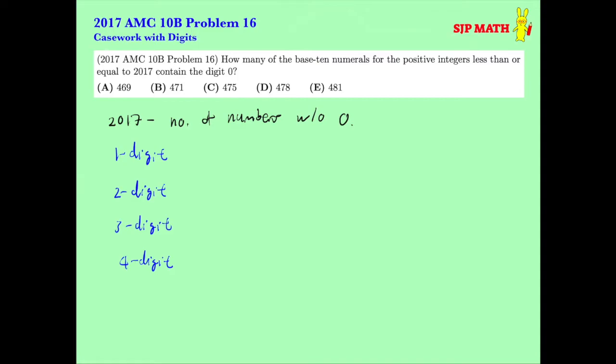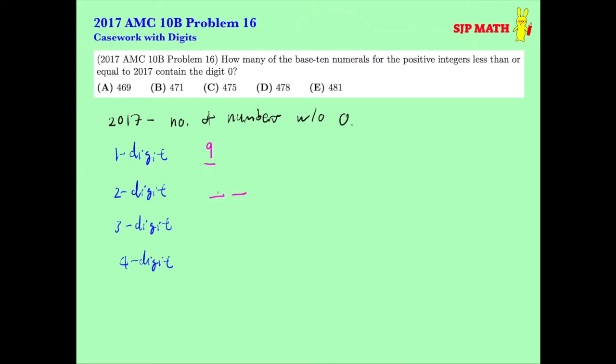For 1-digit numbers, that's pretty straightforward because only 1, 2, 3, all the way up to 9, are the 1-digit numbers that don't have a 0. So the answer to this would just be 9. And then for 2-digit numbers, we have 2 digits.